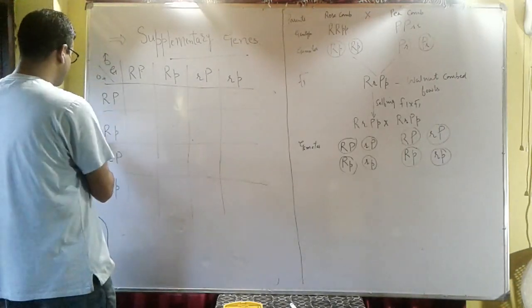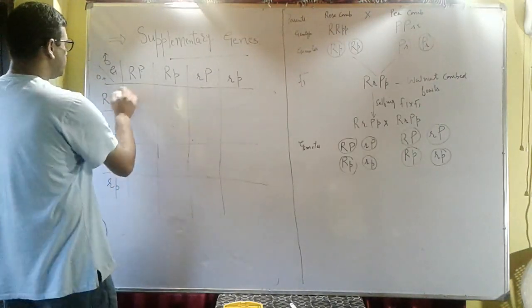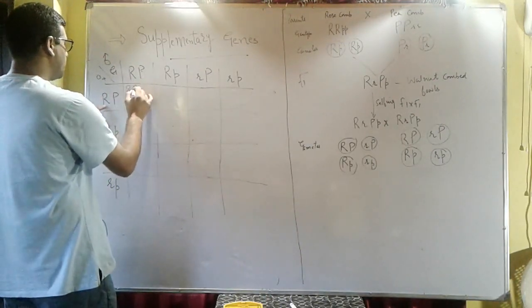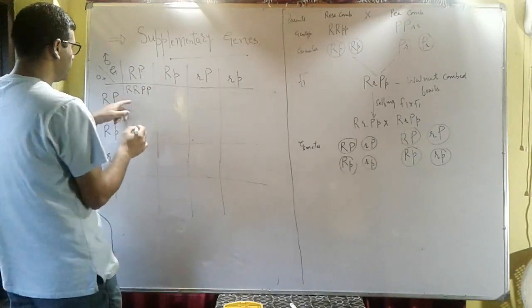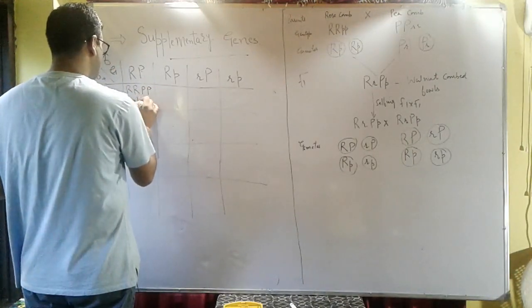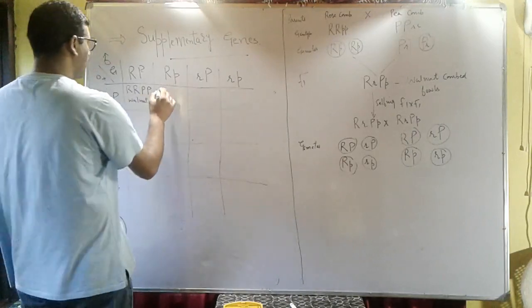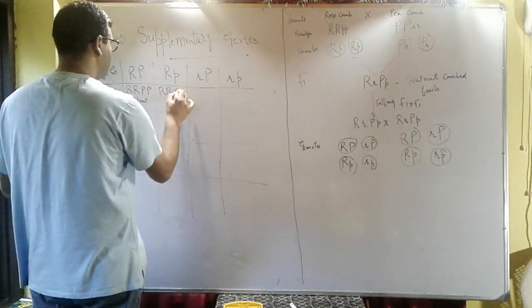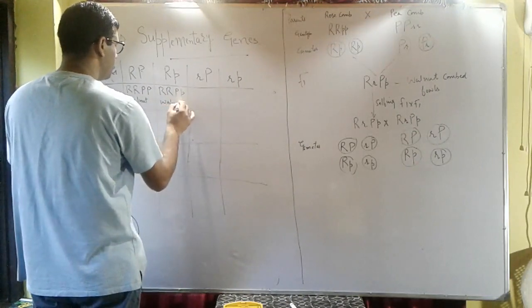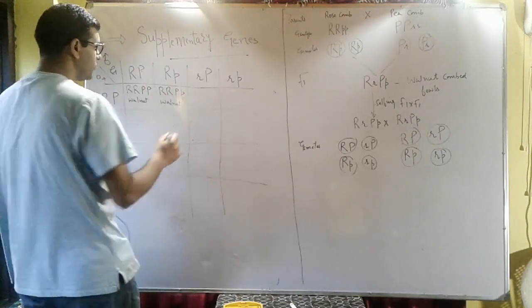So these are F2 individuals. So we have this capital R, capital R, capital P, capital P. Obviously this is walnut. Capital R, capital R, capital P and small p. This is walnut because both dominant genes are present.